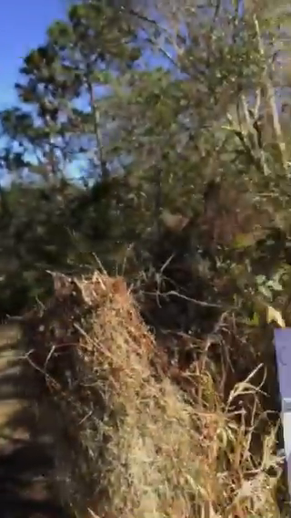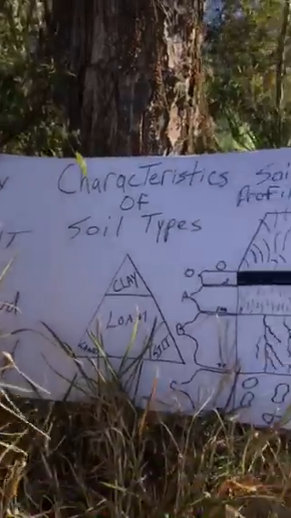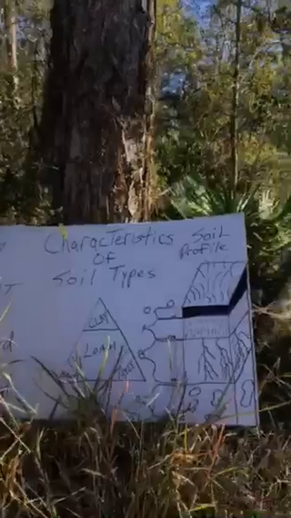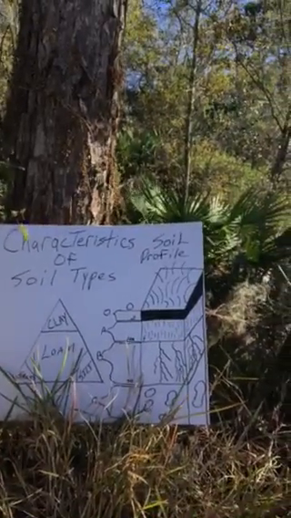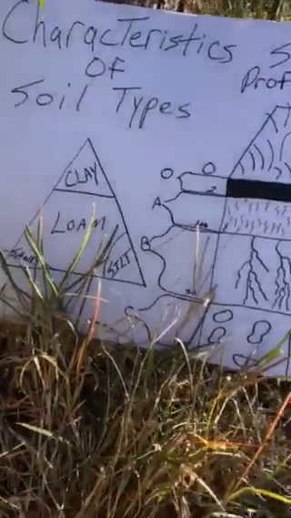So I made a chart kind of giving you the characteristics of soil types. Let's see if we can take a look here. As you can tell, this is my chart I got basically on the tree here, and I'm just going over some of the characteristics of soil type. I'm going to try to zoom in here a little bit so you can see a little bit better.